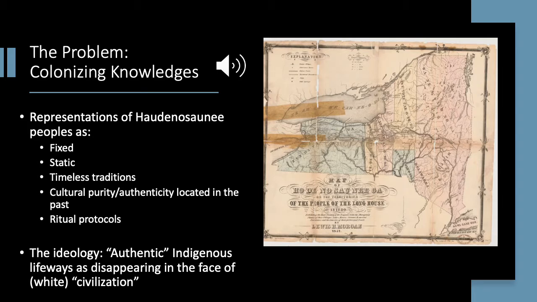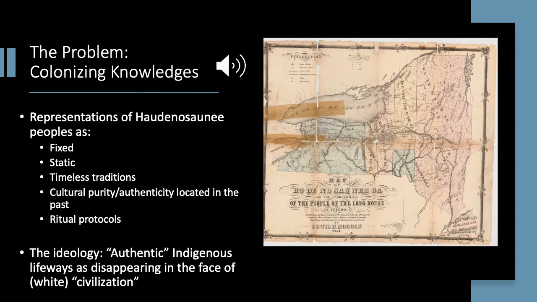So this sets up Simpson's critique of what she calls the way anthropology and culture and anthropology and colonialism holds hands, or the way anthropology and this practice of elimination holds hands.